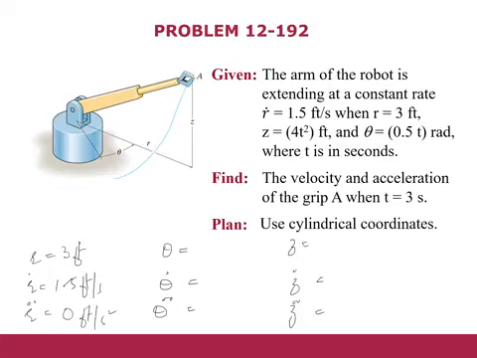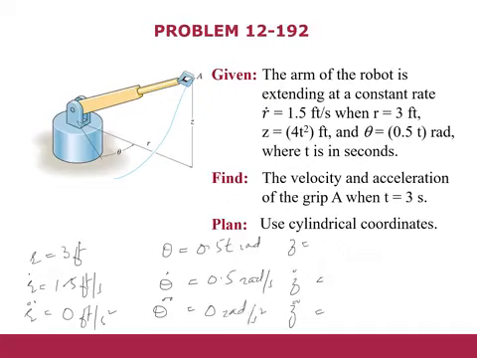Similarly theta is 0.5t radians, right? So theta dot will be 0.5 radians per second, and theta double dot will also be 0 because theta dot is a constant, so 0 radians per second square.